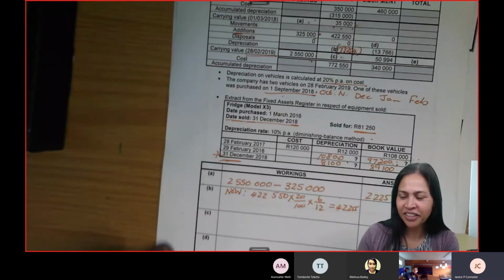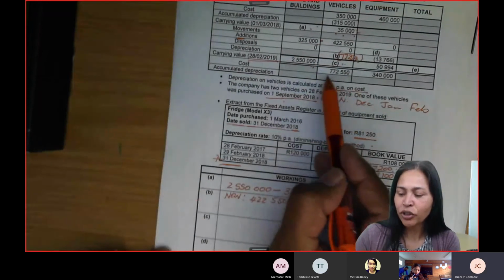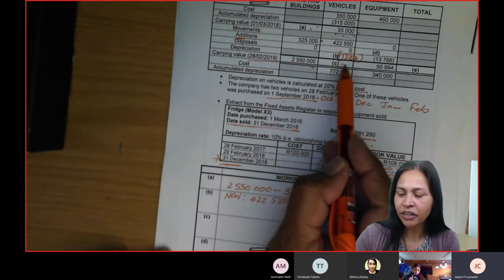So, yes. I don't have an answer, but I worked out the accumulated depreciation at the end of the year by adding the carrying value and the cost price. Then I got 849,804. Okay, so which carrying value? If you look at your information, you have the cost, you have to find the carrying value here.